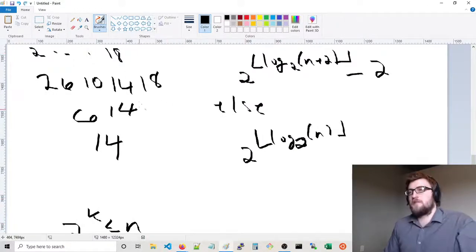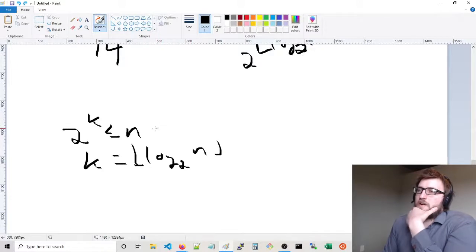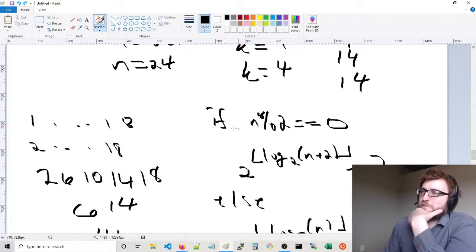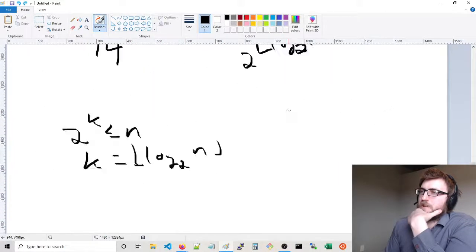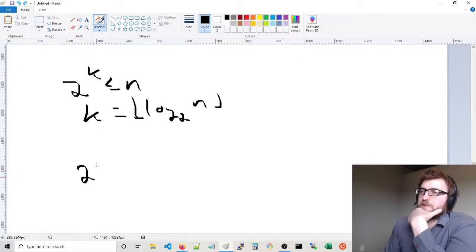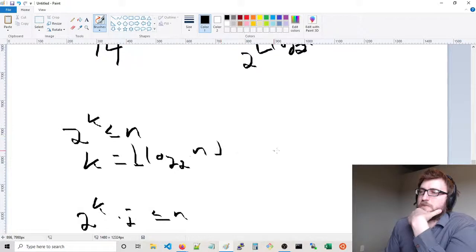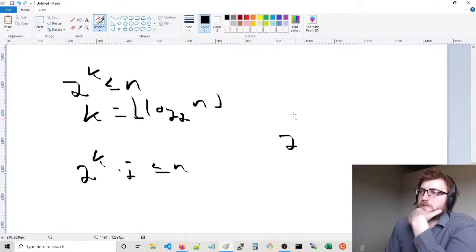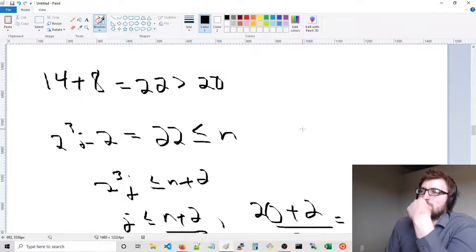And it's also 2 raised to the k. It's the first value in that sequence, which is just 2 raised to the k, which is interesting also. Is that right?